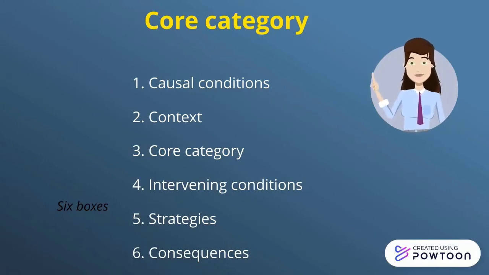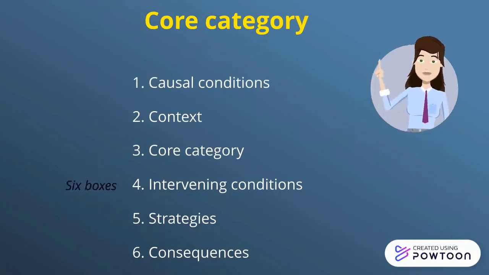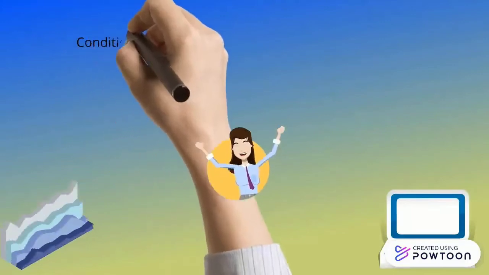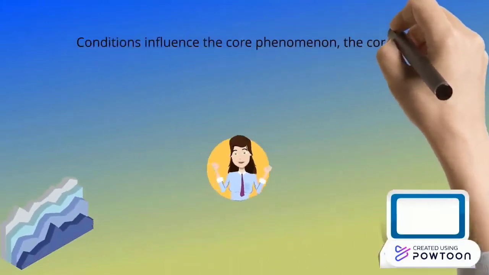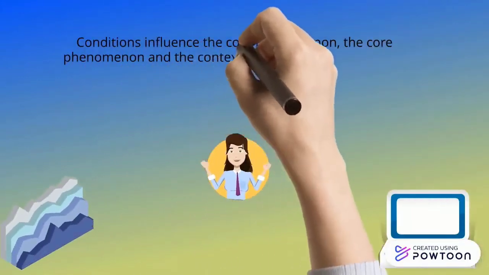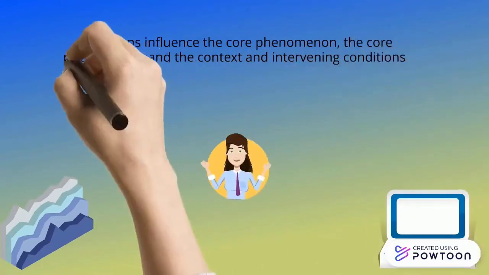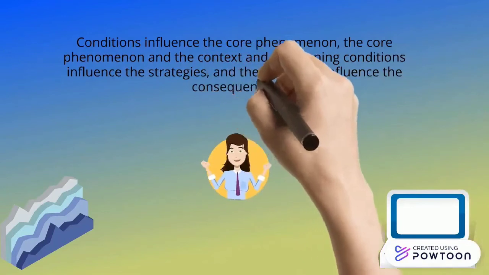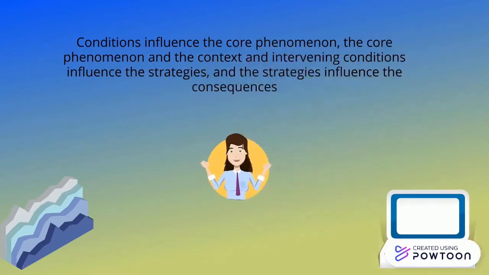Strategies. The specific actions or interactions that result from the core phenomenon. And 6. Consequences. The outcomes of employing the strategies. In addition, viewing this coding paradigm from left to right, we see that the causal conditions influence the core phenomenon, the context and intervening conditions influence the strategies, and the strategies influence the consequences.